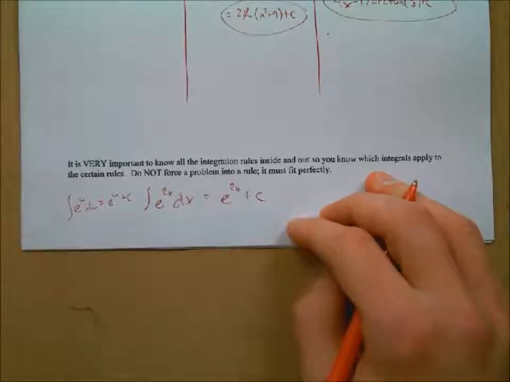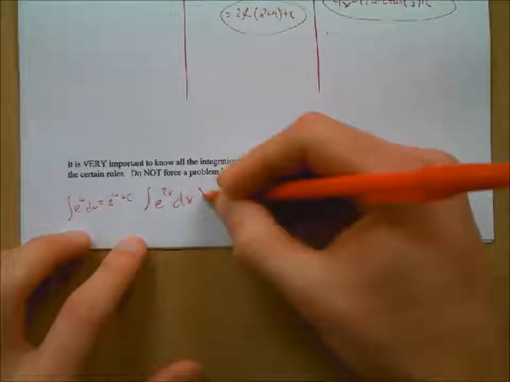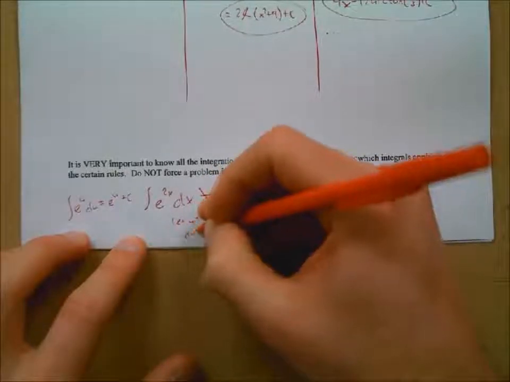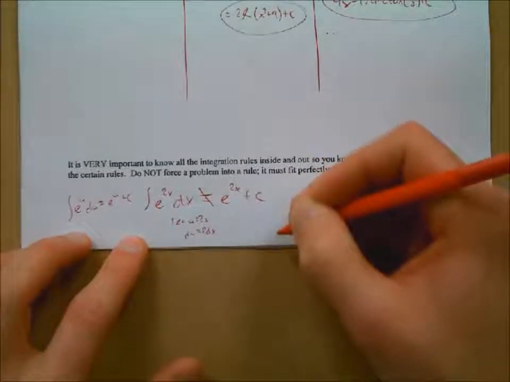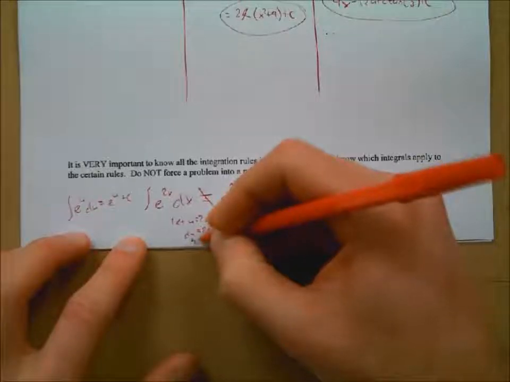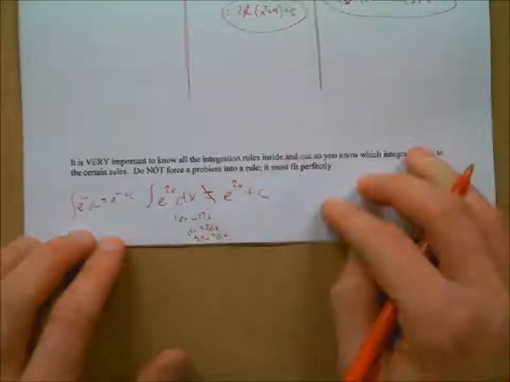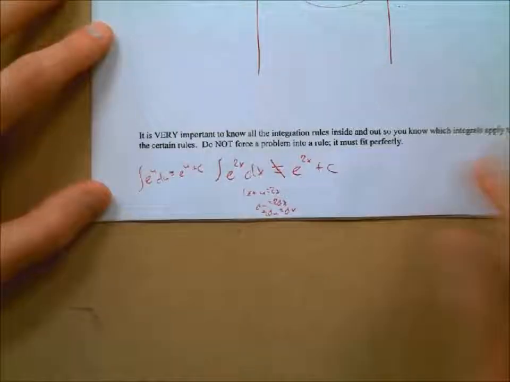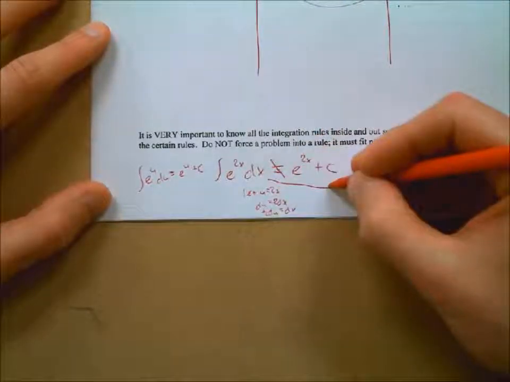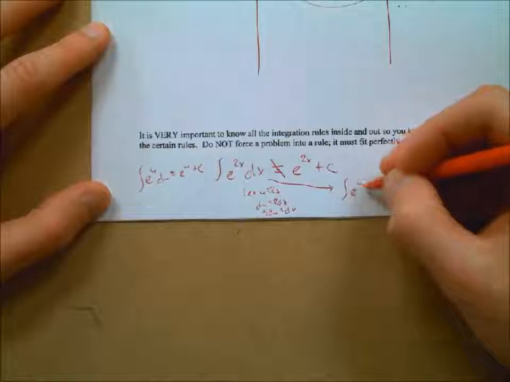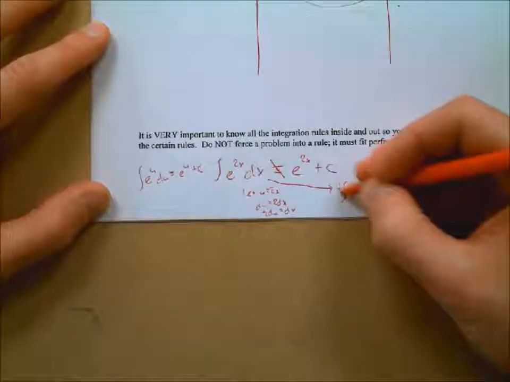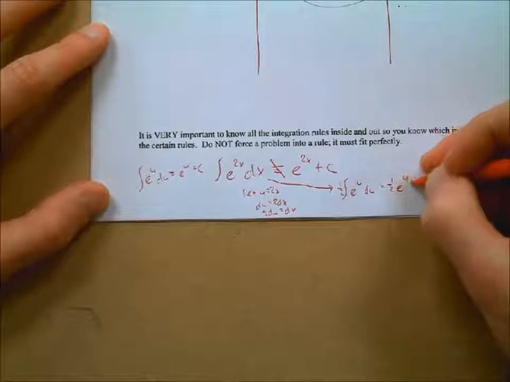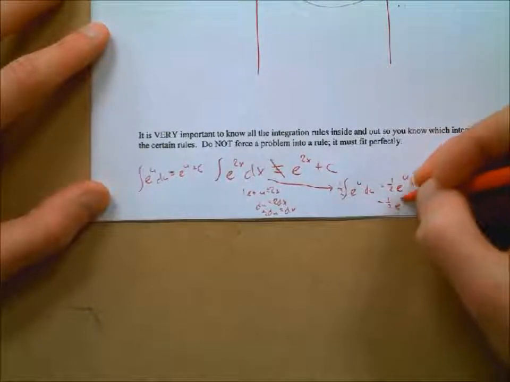And so you really need to use a u substitution. So du equals 2 dx, or 1/2 du equals dx. And so this is really 1/2 the integral of e to the u du. So it's 1/2 e to the u plus c, or 1/2 e to the 2x plus c.